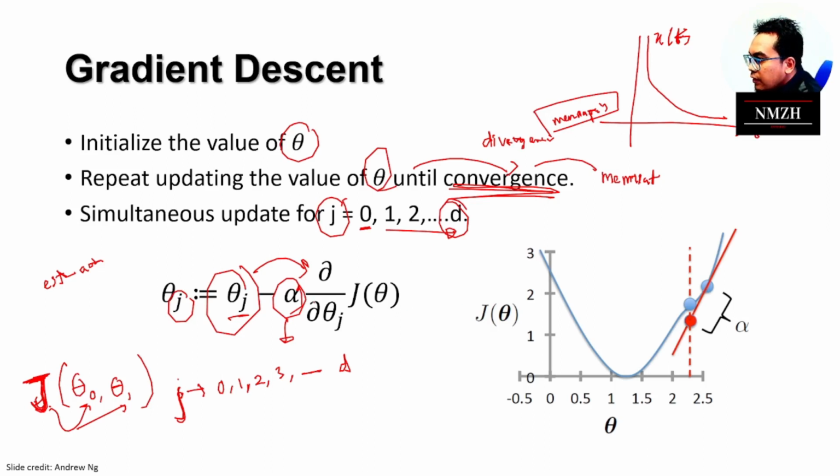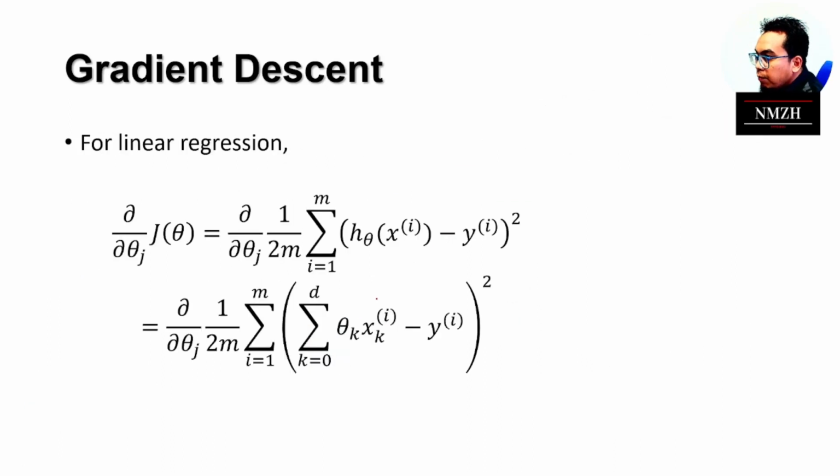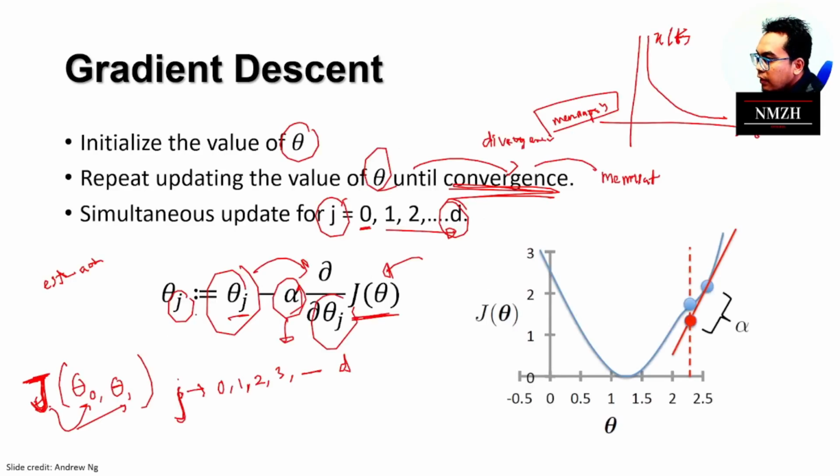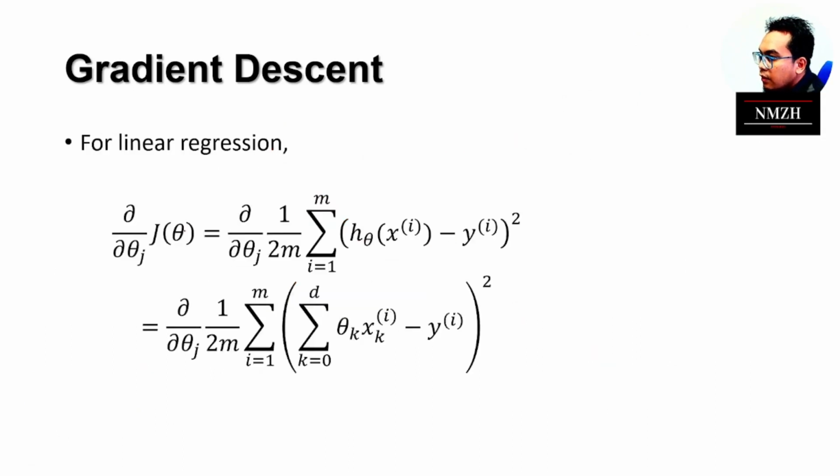The function is alpha times the partial derivative of j, right? This is how we prove the equation for linear regression. The moment that we have theta j equals theta j minus alpha times the partial derivative of j is basically this.